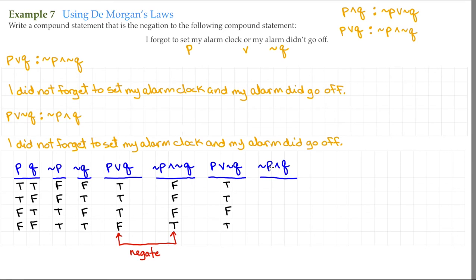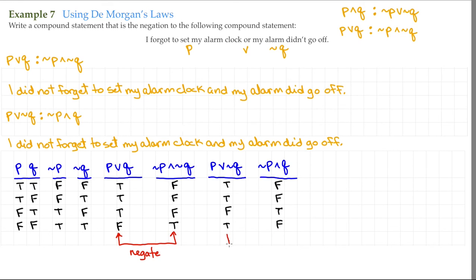This is a conjunction. This has to be true, and this has to be true for the entire thing to be true. So it's true right here. Not P is true right here, and Q is true right here. Other than that, it's false. And as you can see, they're negations of each other. True, true, false, true, false, false, true, false.